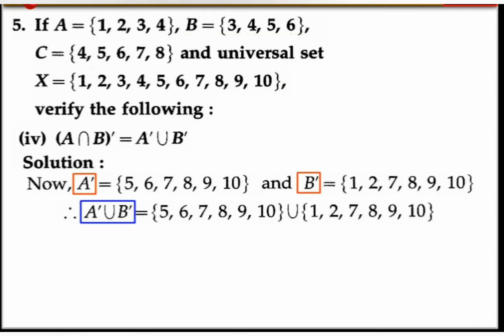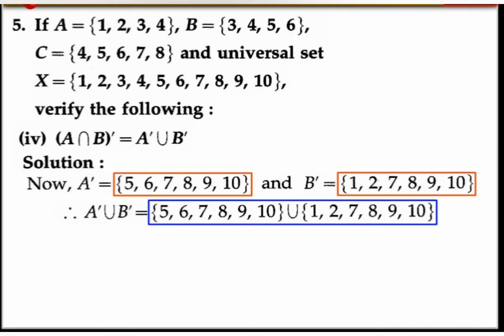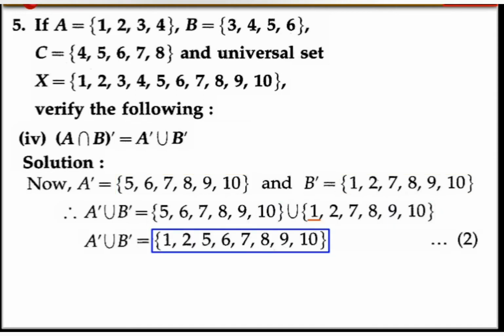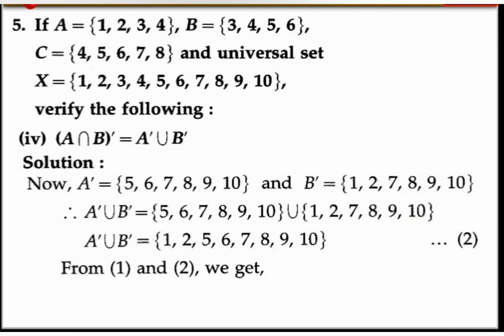Now here A complement union B complement will be set of 5, 6, 7, 8, 9, 10 union set of 1, 2, 7, 8, 9, 10 which is equal to set of 1, 2, 5, 6, 7, 8, 9, 10. Let us put it as 2. If you notice 1 and 2, you'll find that complement of A intersection B is equal to A complement union B complement.